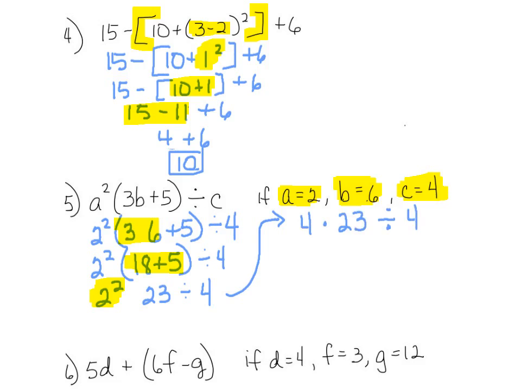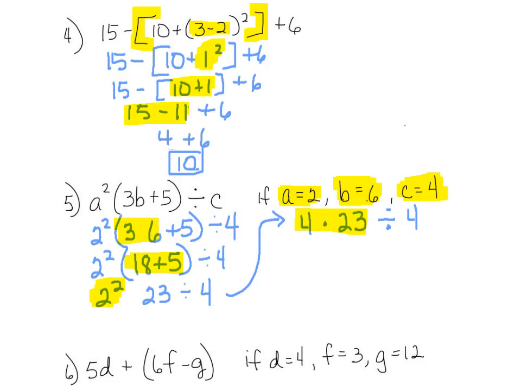divided by 4. Again, in our order of operations, we now must multiply and divide. And what order do we do that? We must look at the expression and we must multiply or divide in order from left to right. So the first one, as I read my expression from left to right, the first operation that I must do is multiplication. 4 times 23.